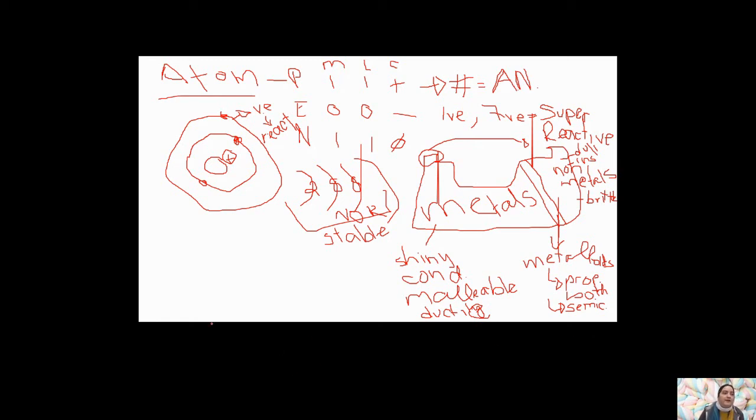Now, in our periodic table, each box looks kind of like this. It has a number at the top. That's your atomic number that we talked about earlier. Number of protons. So it's equal to the number of protons, and it's also equal to the number of electrons if it's a regular atom.